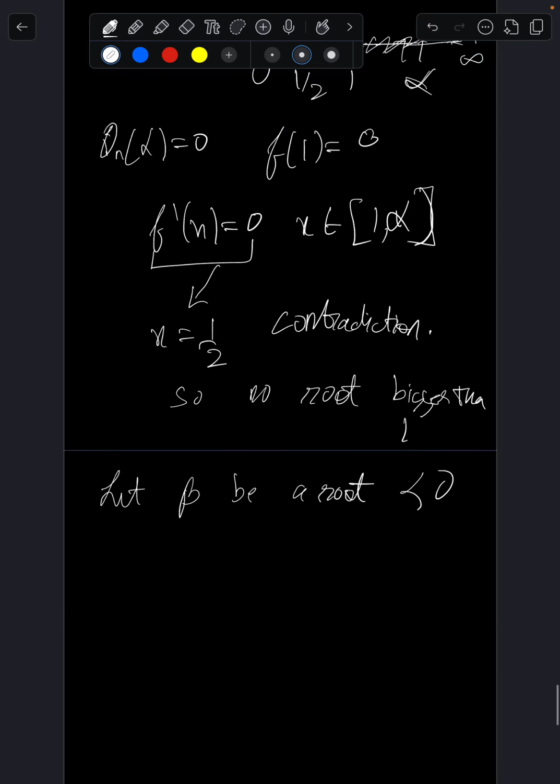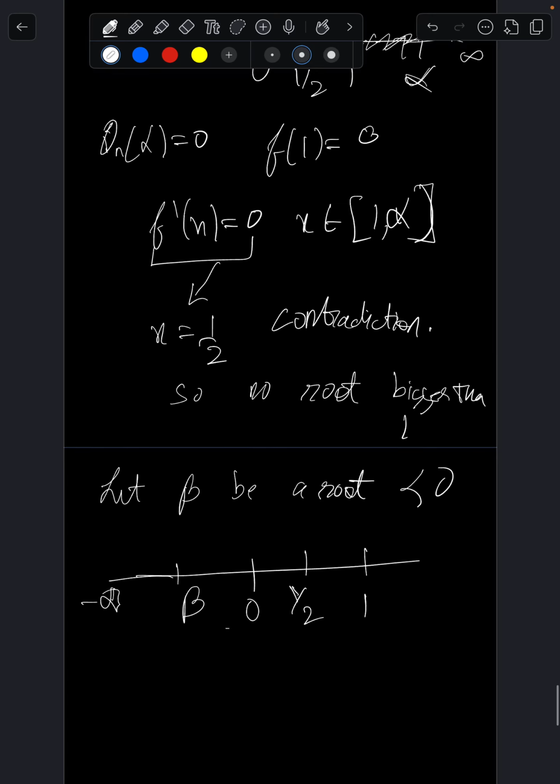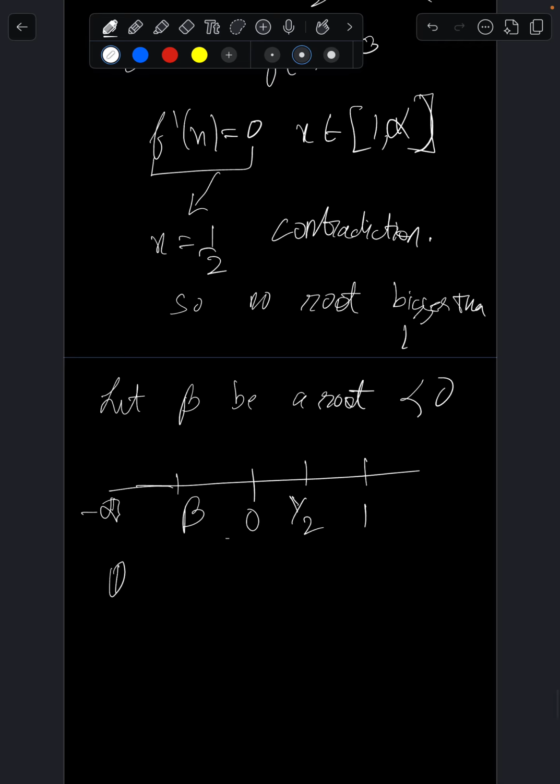lesser than 0. Then beta is less than 0, and 1 by 2 is not between them. If beta is a root, then Qn of beta is 0 and Qn of 0 is 0.